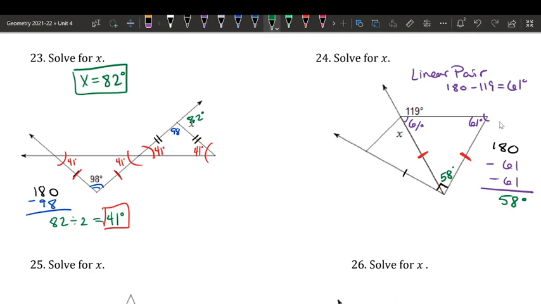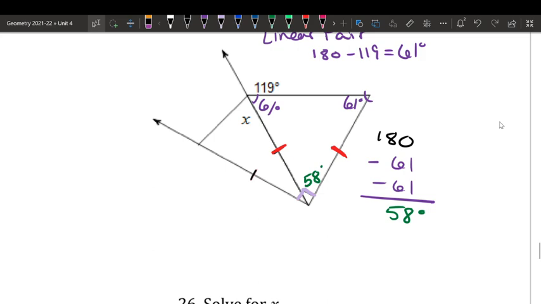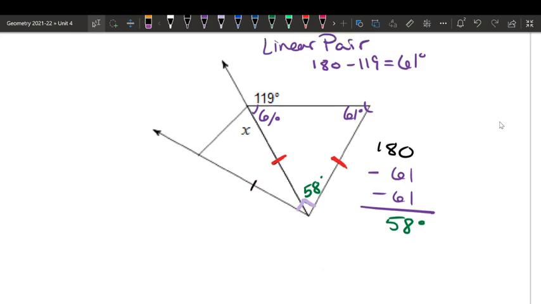And then I see something special right by that 58. The 58 and another angle make 90 degrees because there's that box right here in the corner. So if I want to find out what the other angle is, I could do 90 and subtract the 58.